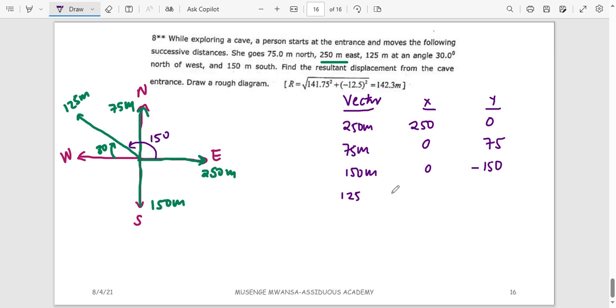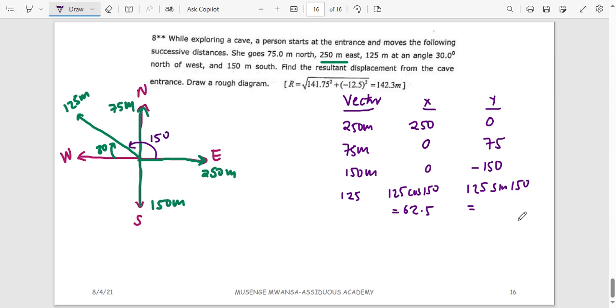This is going to be 125 cos 150. And this is going to be 62.5, and then 125 sine 150.